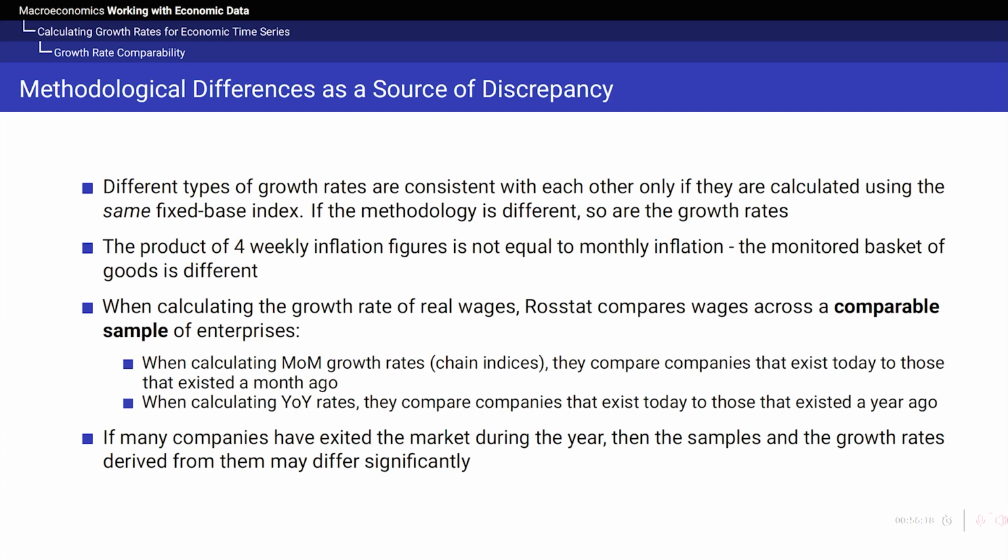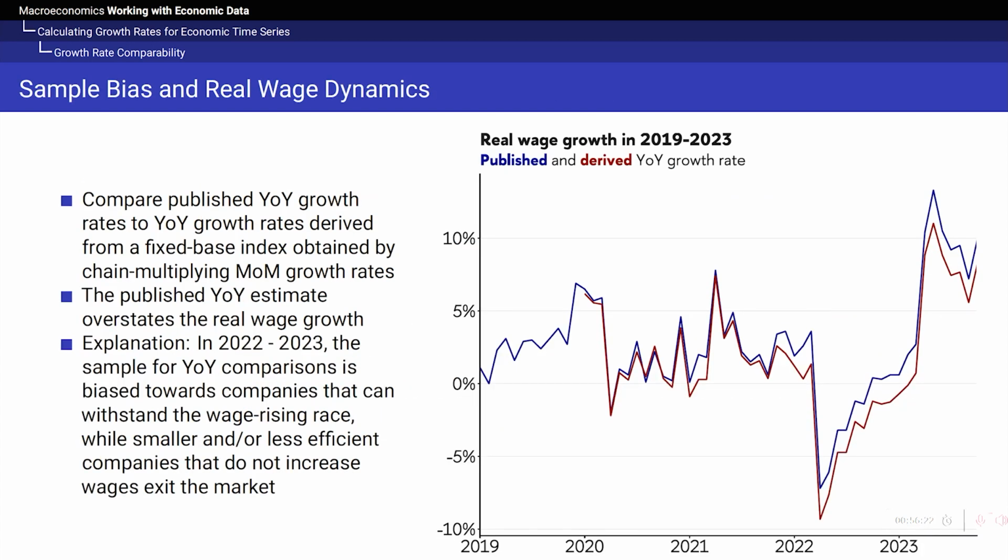To illustrate the point, we do the following exercise. First, we collect month-over-month growth rates of real wages. Then we chain them together, as we discussed previously, to obtain a fixed base real wage index in the Russian economy. Based on this fixed base index, we calculate year-over-year growth rates.